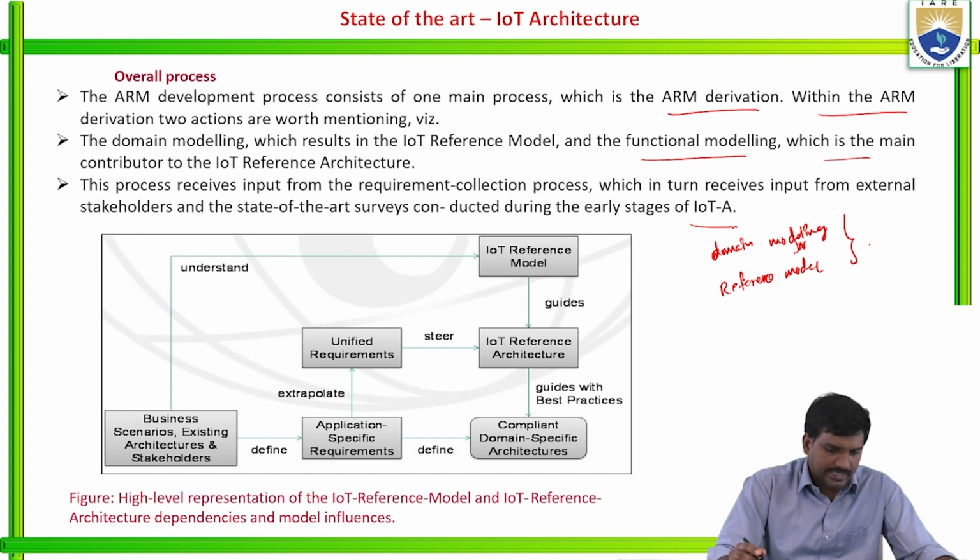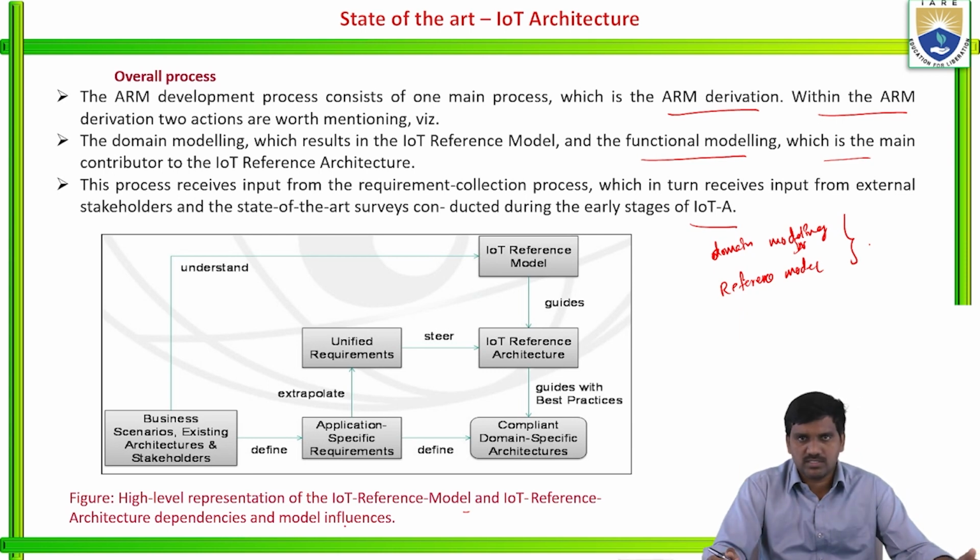So here is the diagram for the high-level representation of the IoT reference model, IoT reference architecture dependencies, and model influences. Here the high-level representation means what is compulsory: we just have to use business scenarios, existing architectures and stakeholders.